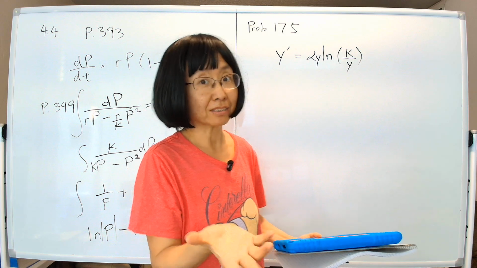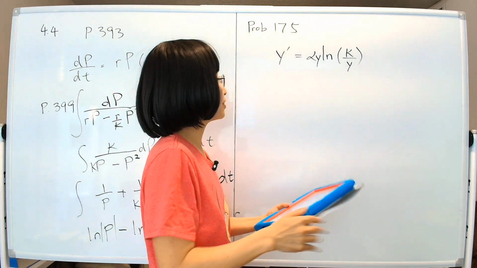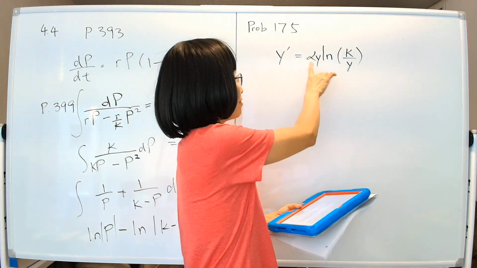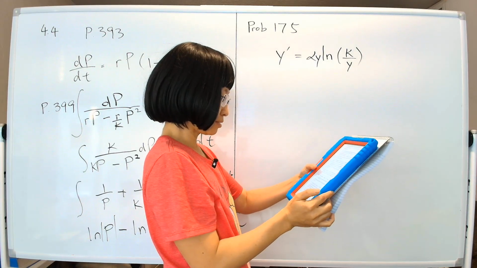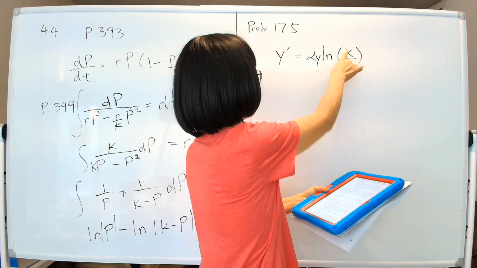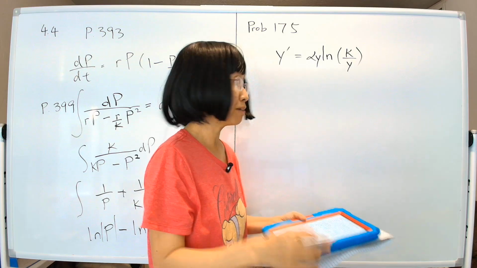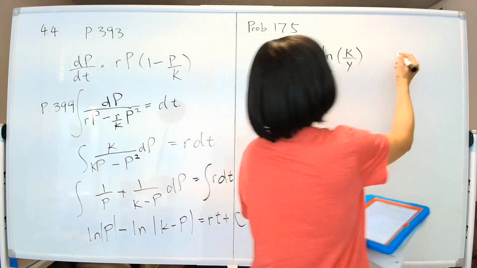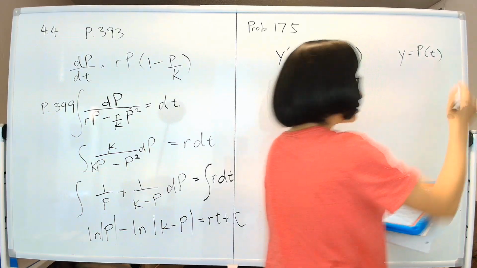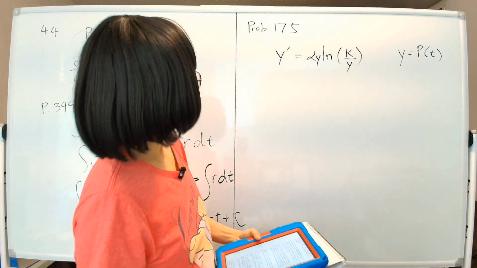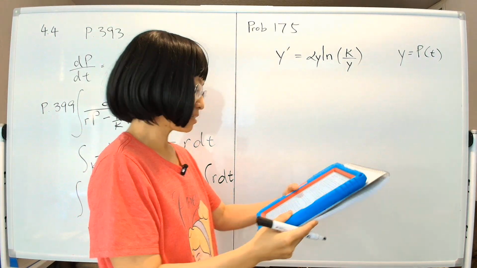But you can totally use P if you prefer. Now, I have alpha times y, times the natural log of k over y, where y equals P of t. I just want to change it so that everything looks simpler and neater.